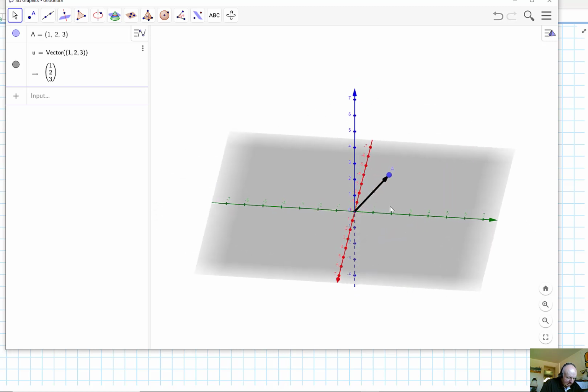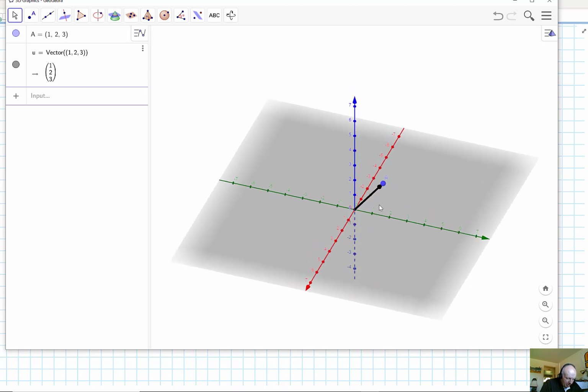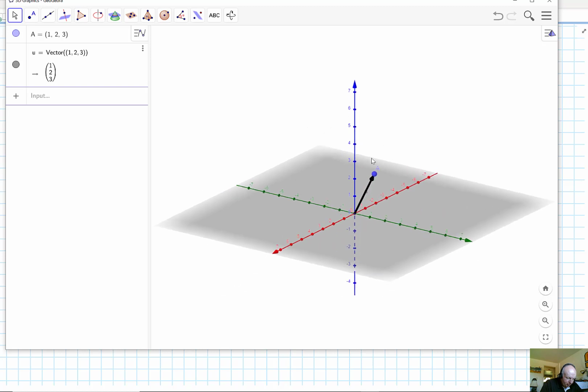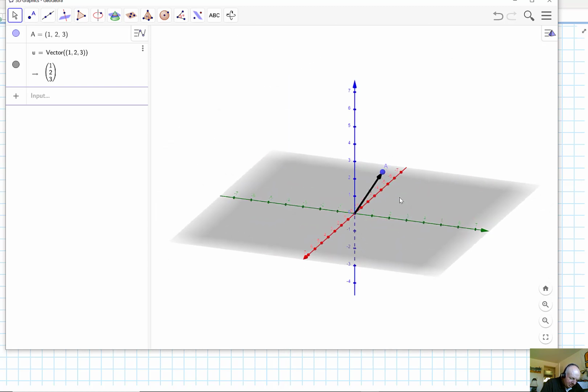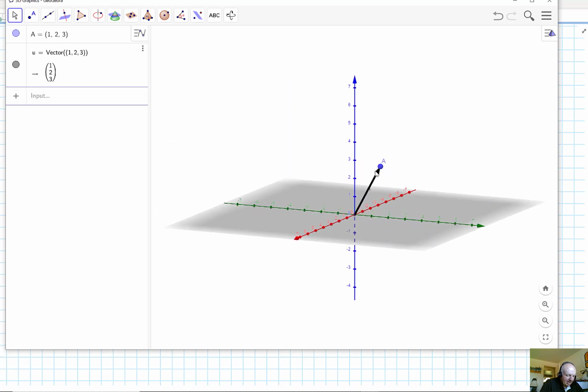That's just in standard position. This arrow could be drawn here, could start here, and as long as it went in the same direction and had the same length, that's still a vector quantity. But we don't worry about that. We just assume that's our vector.